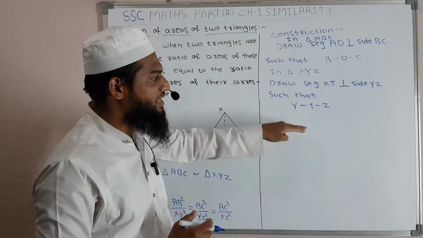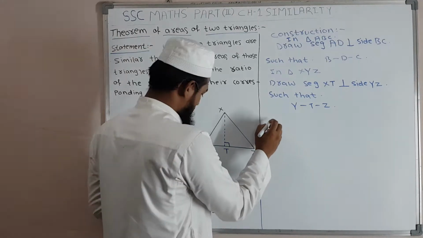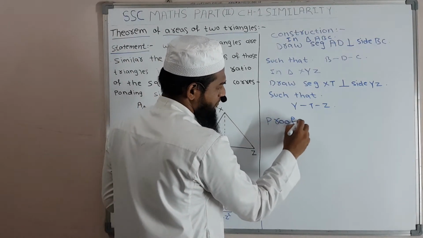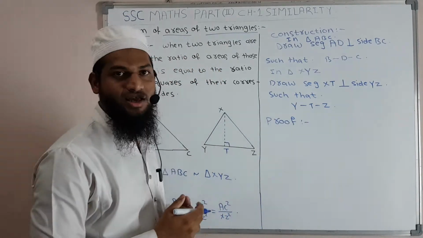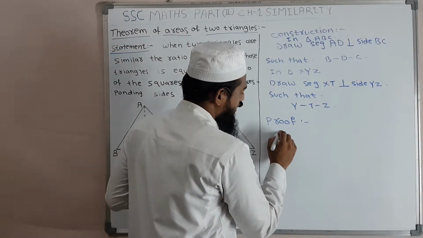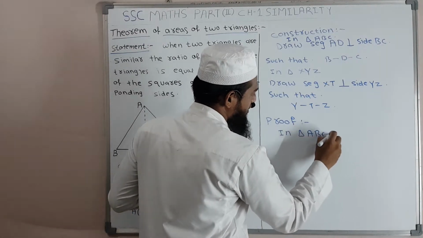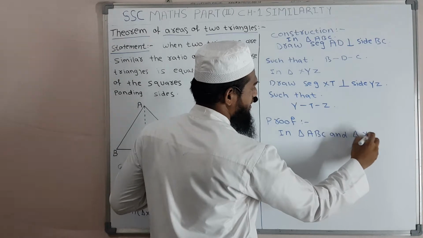So the next thing is we have to write the proof of this theorem. Proof. First we have to take the two triangles, in triangle ABC and triangle XYZ.